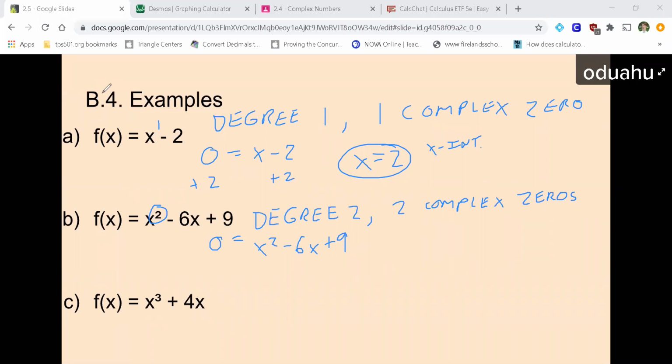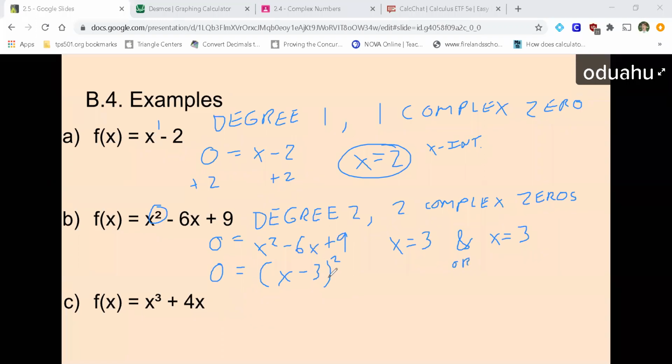Since it is factorable, I'm going to go ahead and do that. This would be x minus 3 squared. Negative 3 times negative 3 is positive 9. Negative 3 plus negative 3 is negative 6. So this has two zeros, x equals 3 and x equals 3.